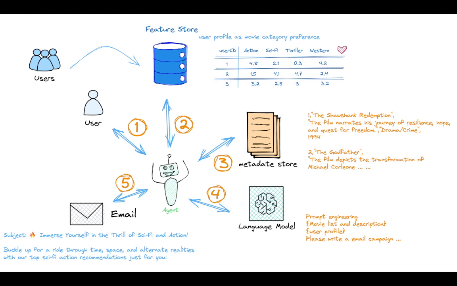Okay, so this is a typical workflow of an AI agent today. So maybe there is a user, right? That's where it starts. The user talks to the agent. This is the AI agent. Now the AI agent gathers data. It could be from a feature store, a metadata store.